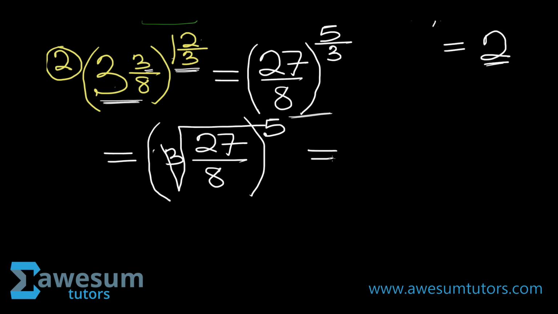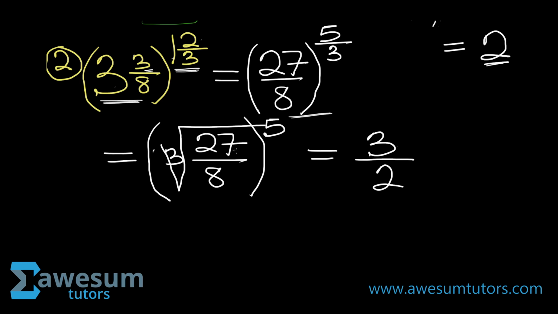Okay, so now the next thing is, what is the cube root of 27? That will give you 3. Very good, guys. Over what is the cube root of 8? That is going to give you 2. Remember, cube root means what number will you multiply by itself 3 times. So if I multiply 3 by itself 3 times, it's going to give me 27.